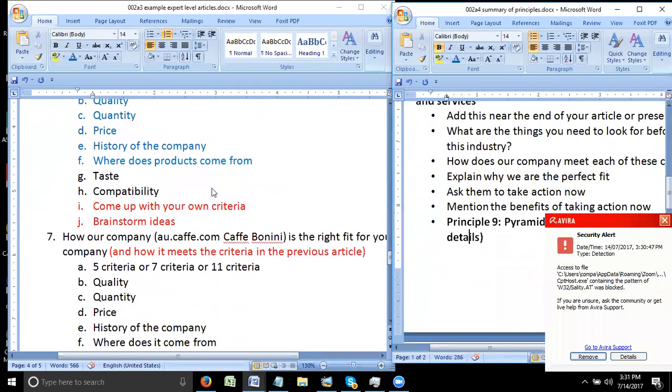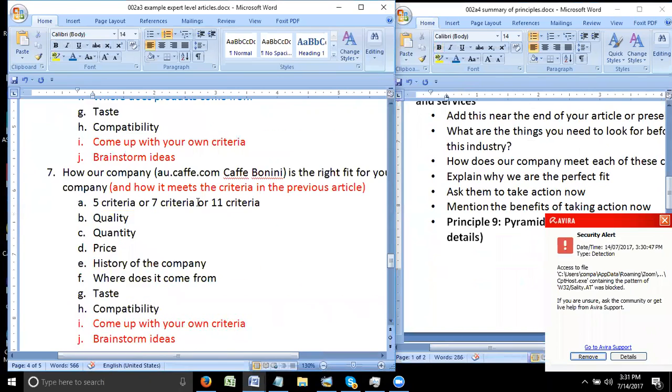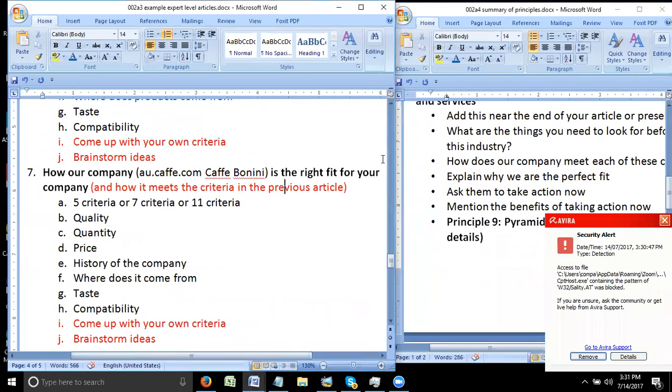And then let me add it at the end where you ask them to take action now, and chances are you place that here in how our company is the right fit for you. Not necessarily your company, but is the right fit for you.